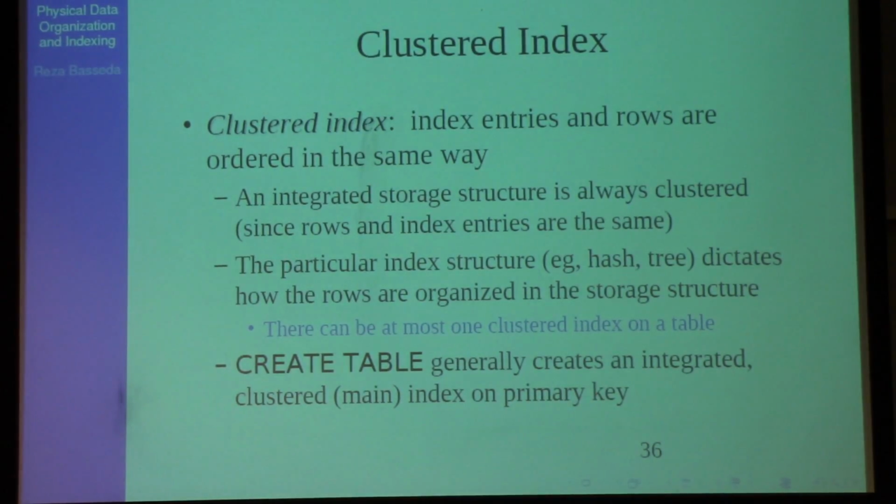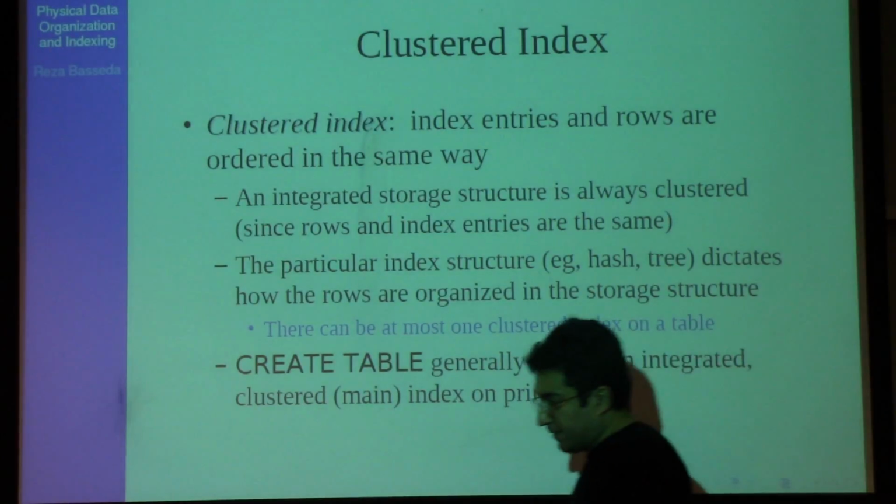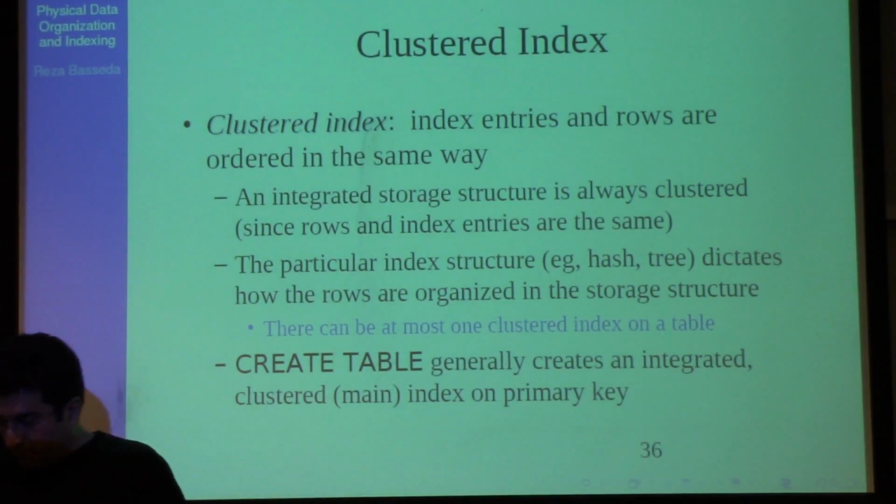Suppose that you have the join between course registration and student, okay? When you compute the join, you have to match all of these student numbers as equal, okay? This matching requires a search on the student ID. So it is very common that a search based on the primary key happens. So by default, create table creates indexes based on the primary key.